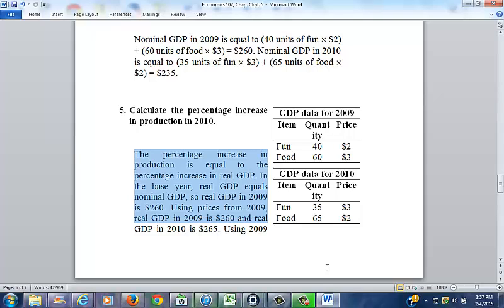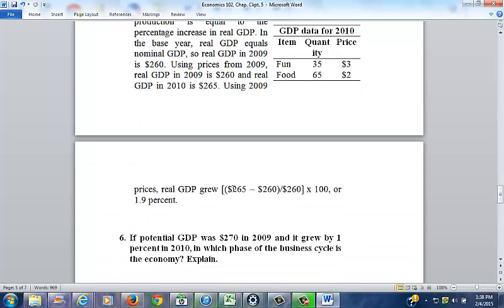Then using prices from 2009, real GDP in 2010 is $265. Real GDP grew, and using the formula, 265 minus 260 divided by the original number of 260 times 100, gives 1.9%. So there's the percentage change.